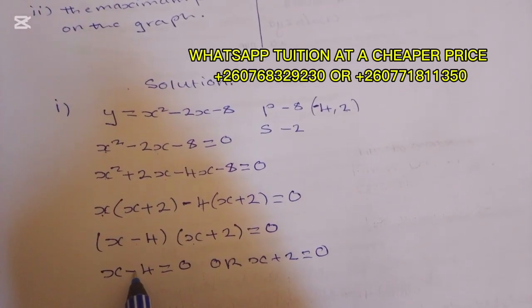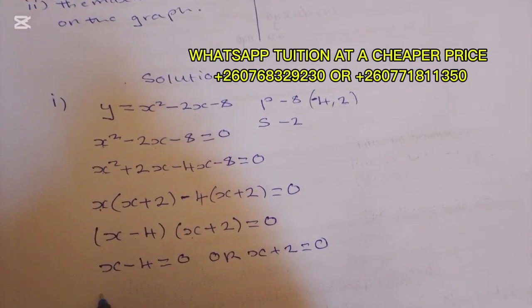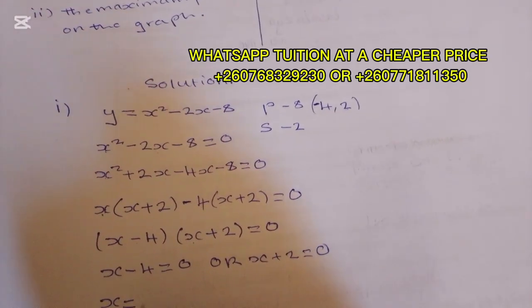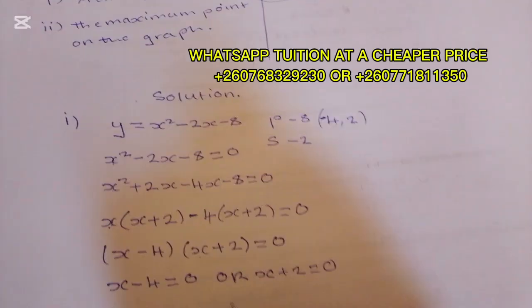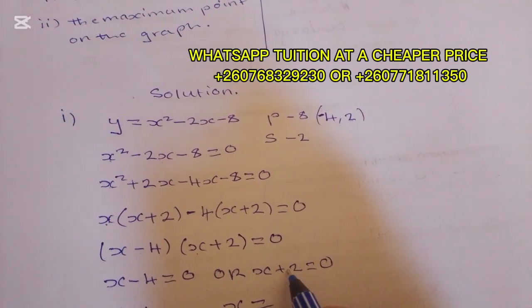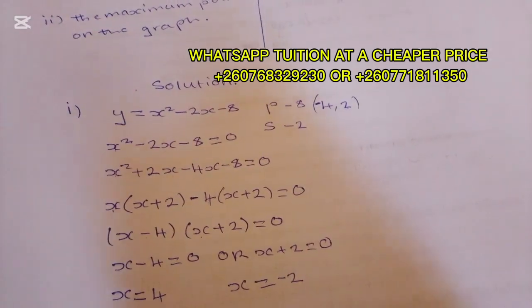Then this 4 must cross the equal sign. So x is equal to 4, and this one will be x is equal to, this 2 will come to this side, so it will be negative 2.